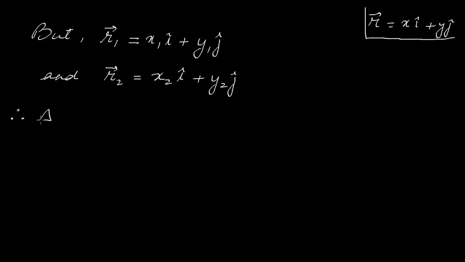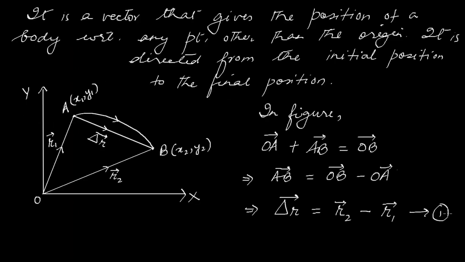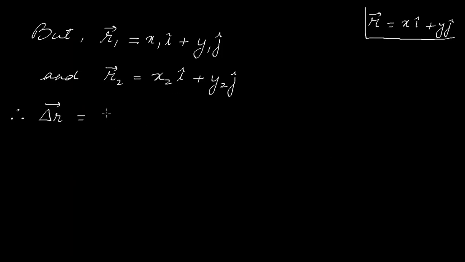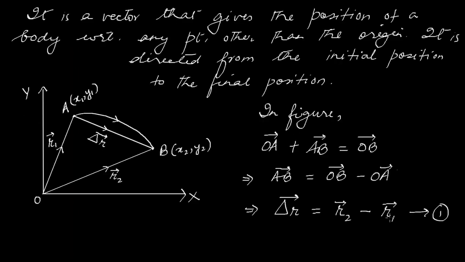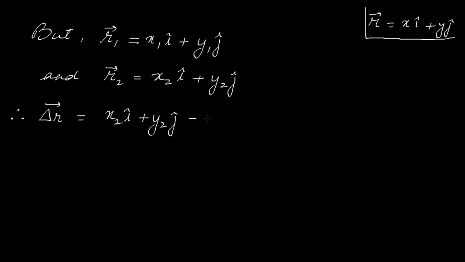So therefore delta R bar, instead of R2 here, what do we write? Let's write this one, x2 i cap plus y2 j cap minus, and minus what? Minus R1, isn't it? So instead of R1, let us write this one. So minus x1 i cap minus y1 j cap.